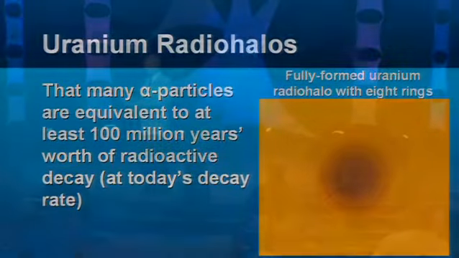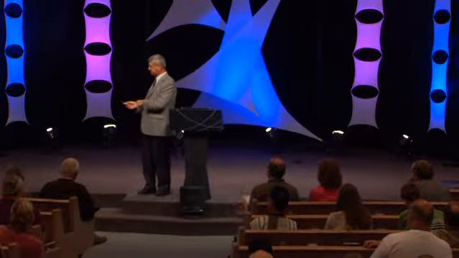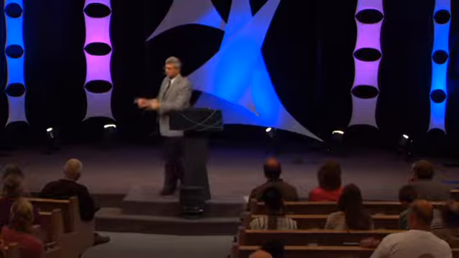I'm not saying the millions of years happened or existed. All I'm saying is that if the decay was slow like it is today, then to produce 500 million to a billion alpha particles would take 100 million years. That's at the slow rate we measure today.